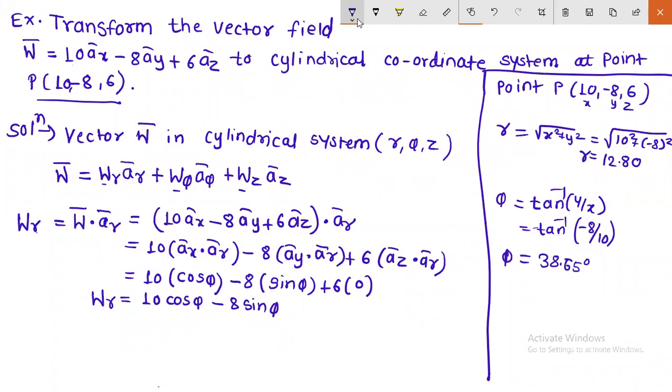So if you are not able to find it directly, you can find tan phi, then find phi by taking the inverse. Okay, so this is angle phi.